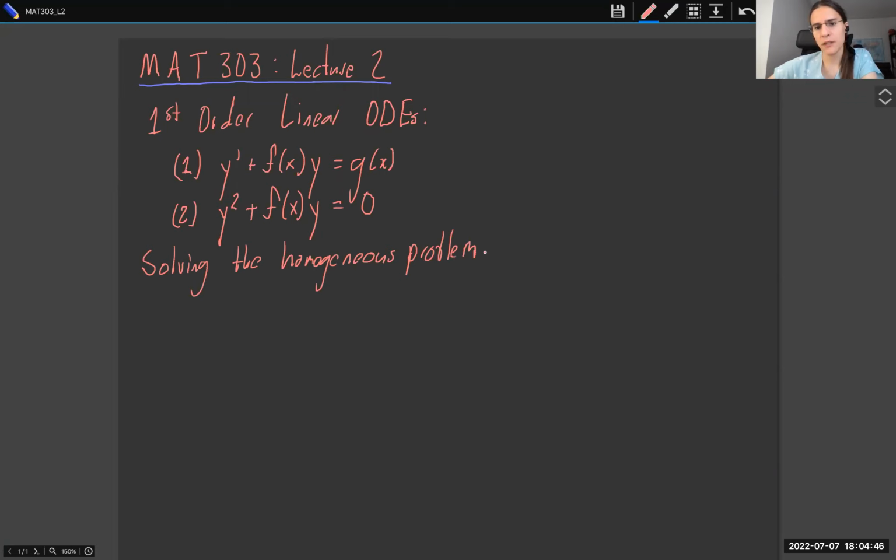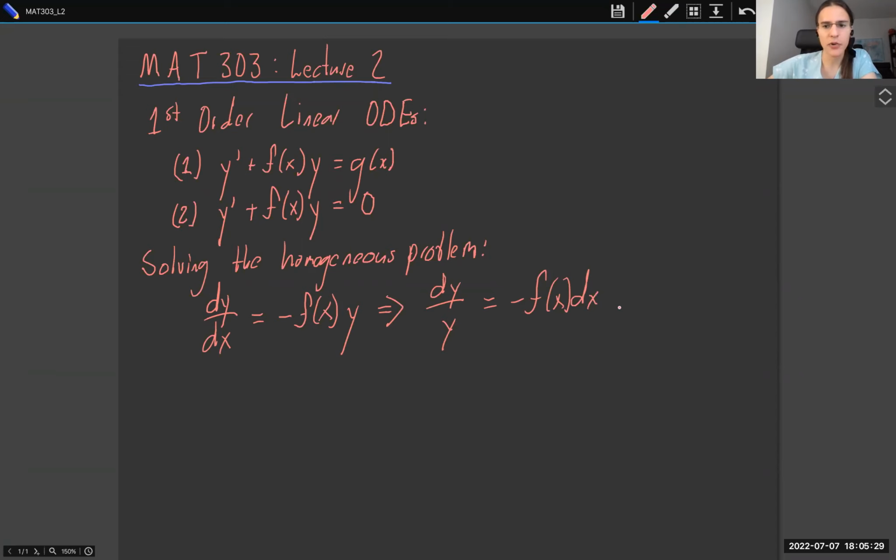I'm going to review this because it is very relevant for what we do today. How did we solve the homogeneous problem? Can someone remind me? Separation of variables. Exactly. So we have that dy/dx is negative f of x times y, which implies that dy over y is equal to negative f of x dx.